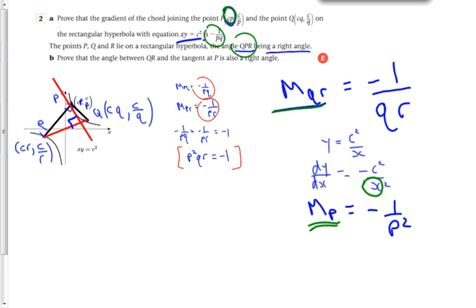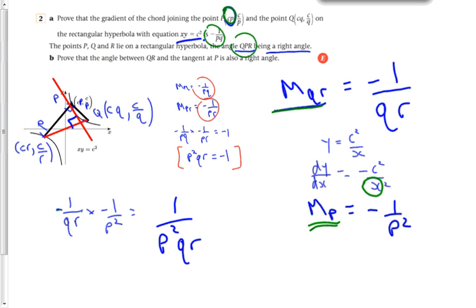I get minus 1 over qr times minus 1 over p squared, and that equals 1 over p squared qr.